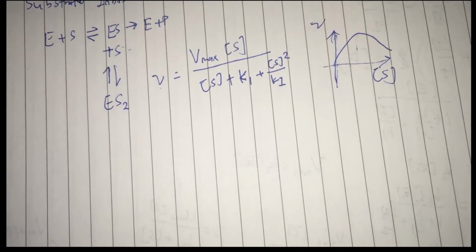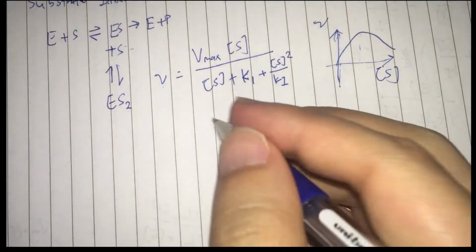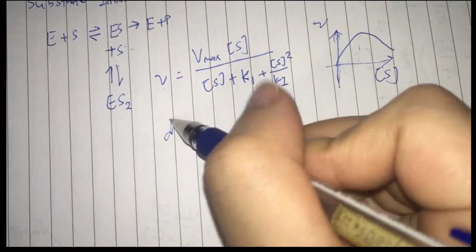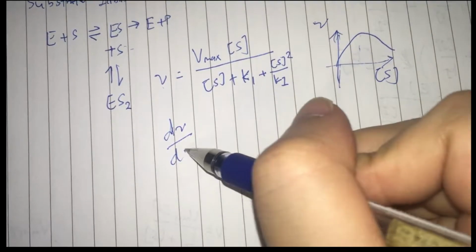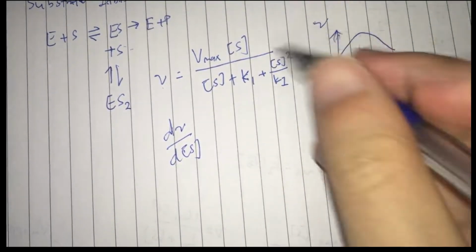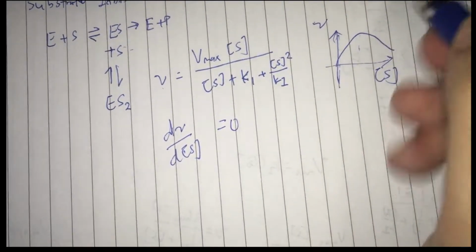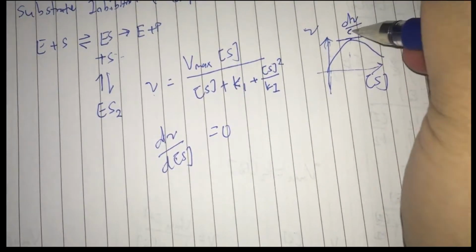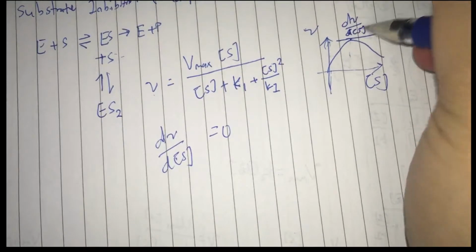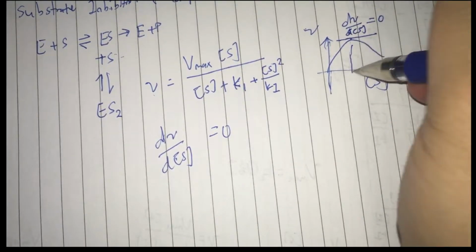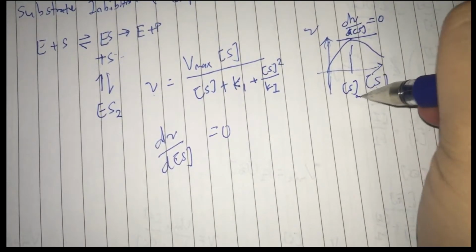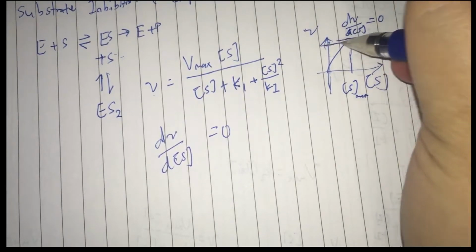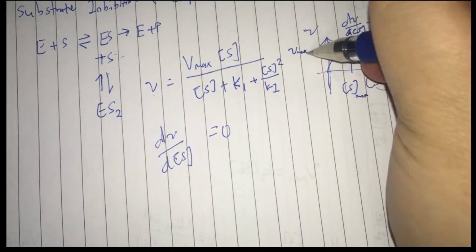So you have this dV/dS, and you have dV/dS equals 0, which is at this point. Then you have some S max, and you have this Vmax.